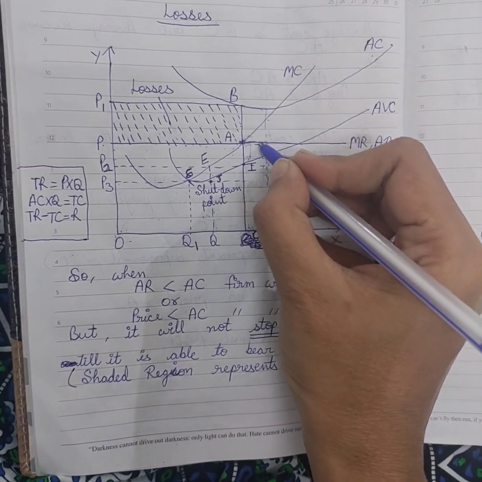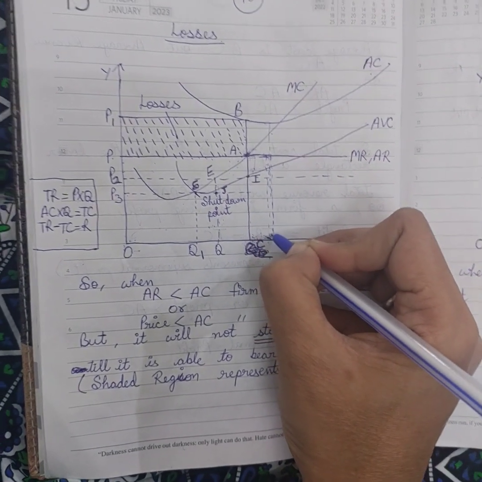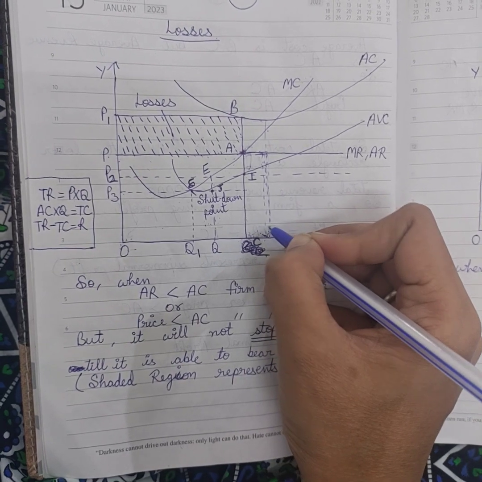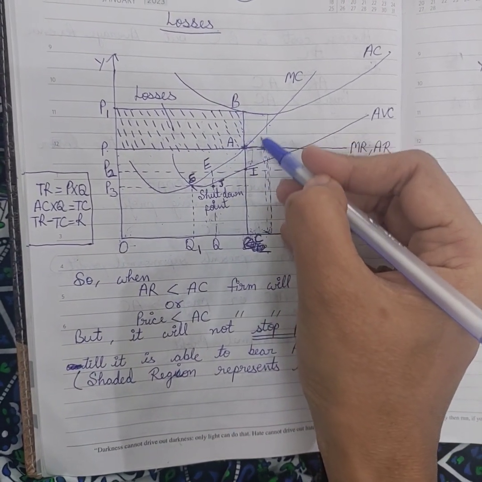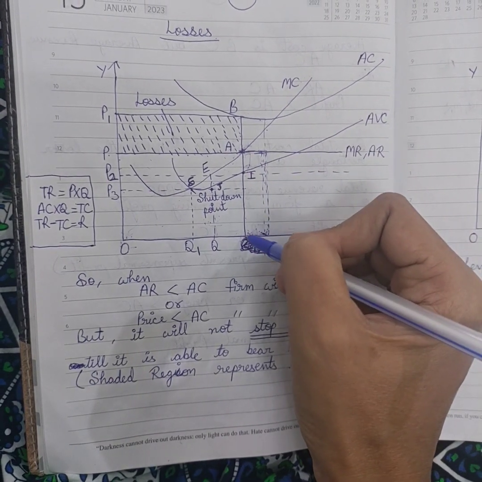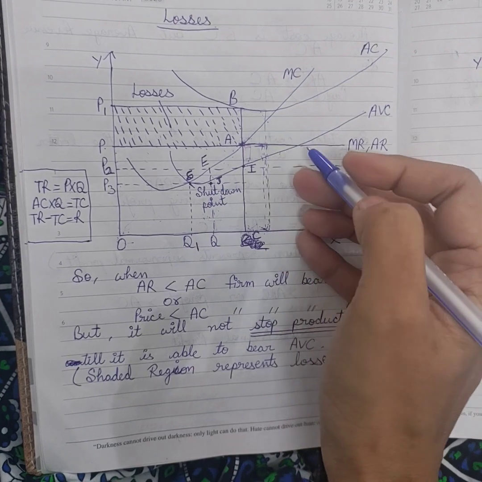Let me do it here more clearly for you all to understand. So AC is the average revenue and BC, this whole, will be the average cost.